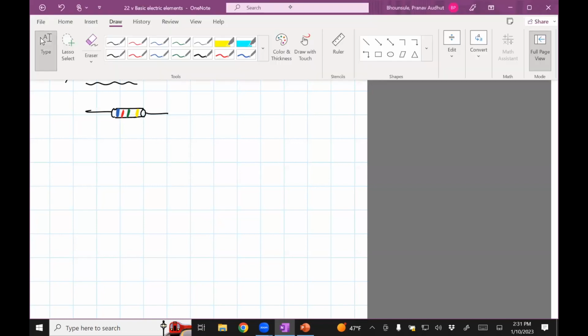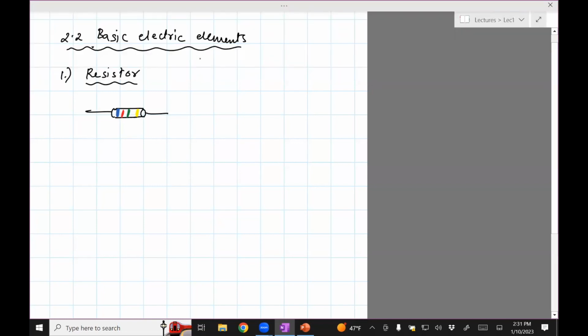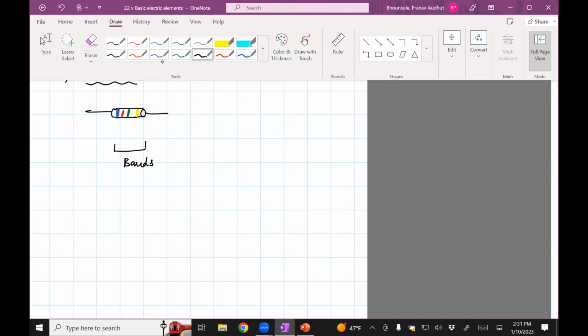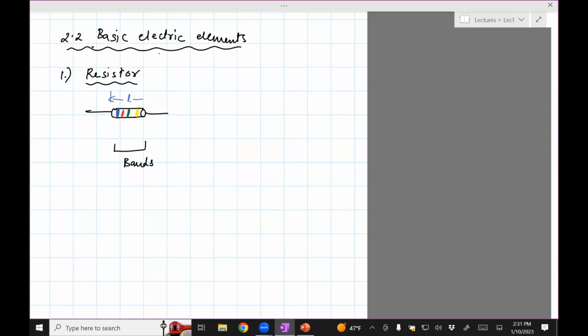And that yellow is supposed to be gold. So these are bands, and say that this is the length, this is the cross-section area, and then rho is called resistivity.